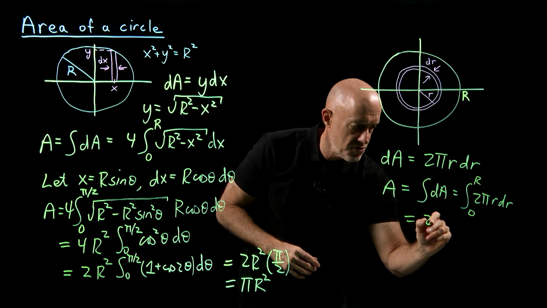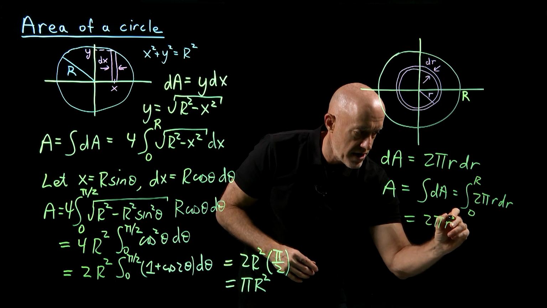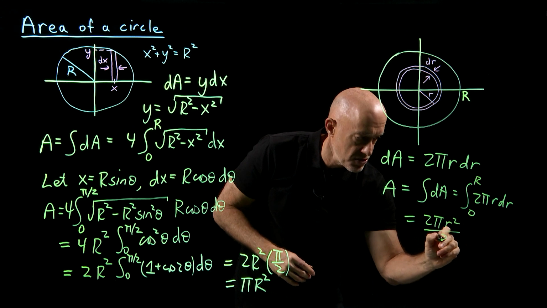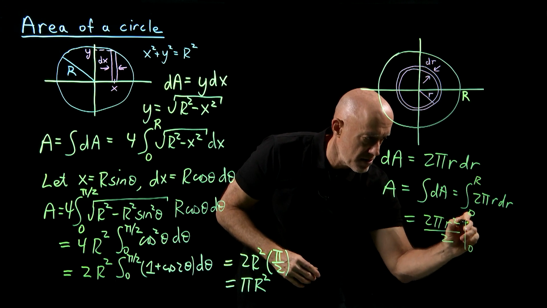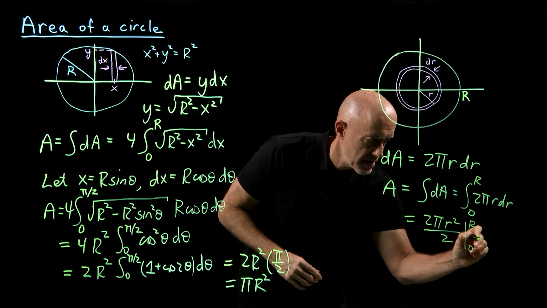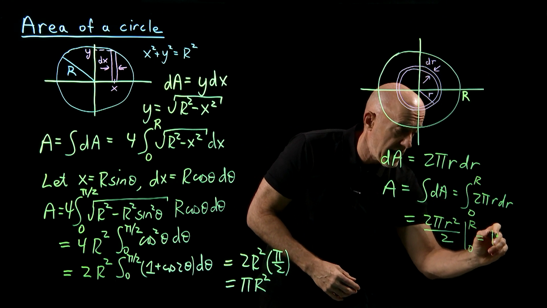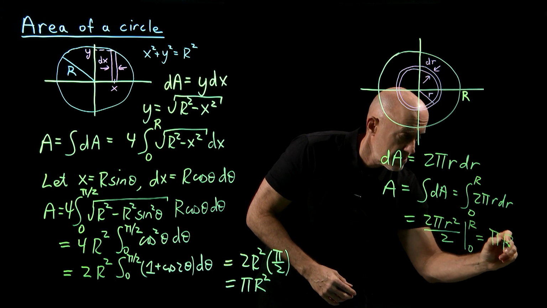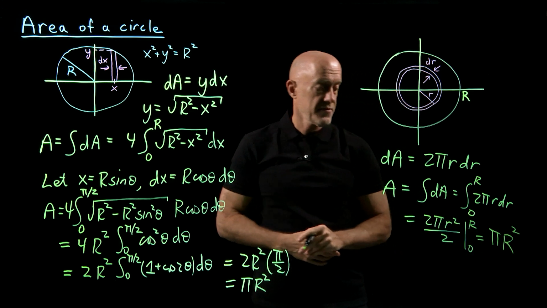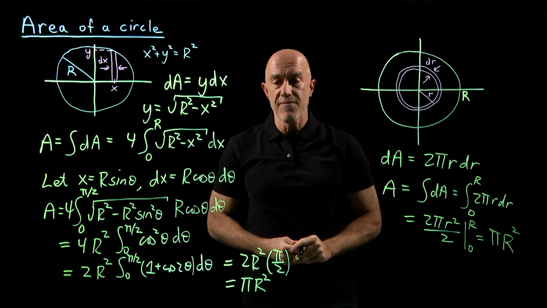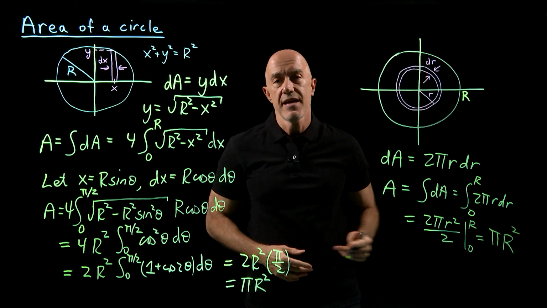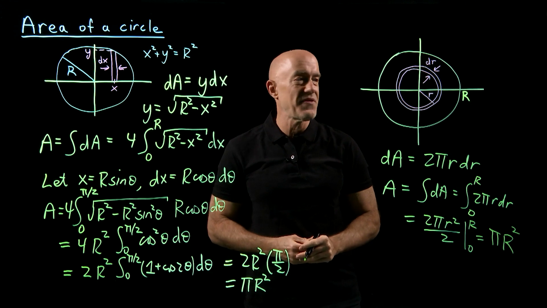So it's 2 pi r squared divided by 2 between 0 and capital R. And then the 2 cancels, and we get pi r squared. Okay? So we get the same formula for the area. Much easier to do it this way.